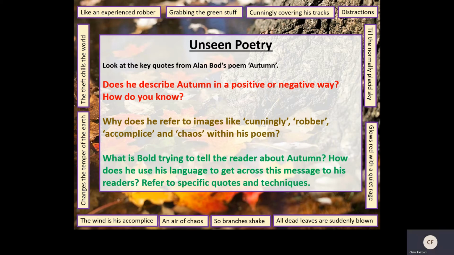Also, what do we call it when we give an inanimate object or a thing human feelings and emotions? Do you remember? Okay, let's move on to the next slide. I want you to pause it there. You can write in your exercise books, you can type it up on a computer if you wish, but do go through each of those quotations and have a look at the three questions there.